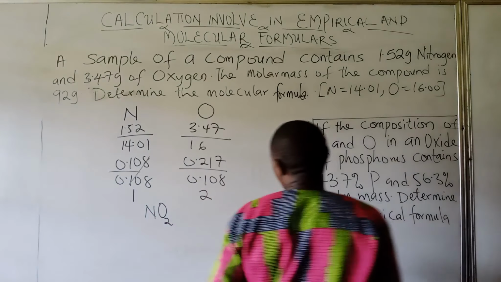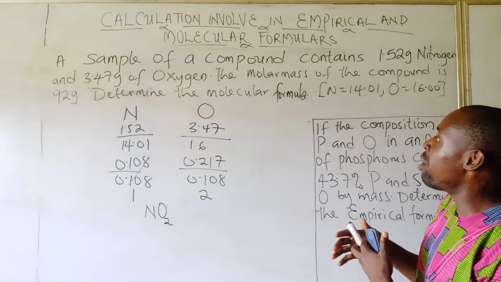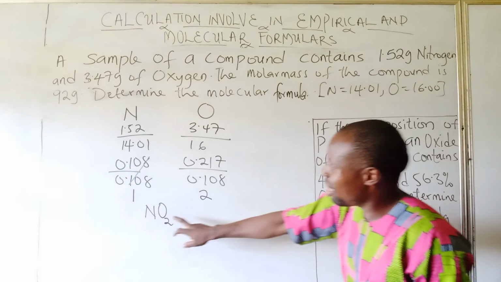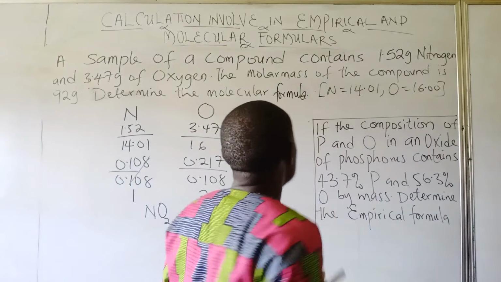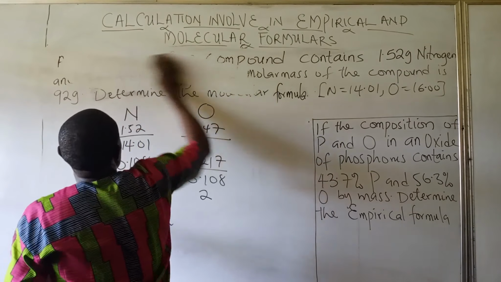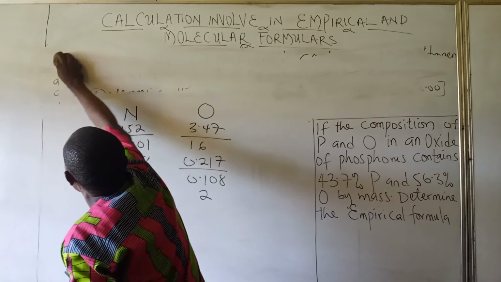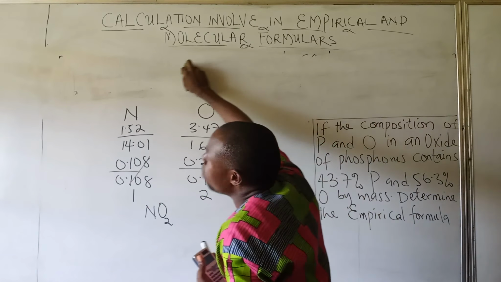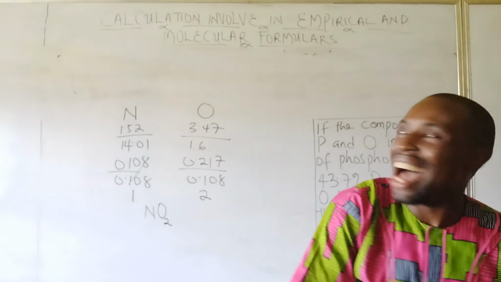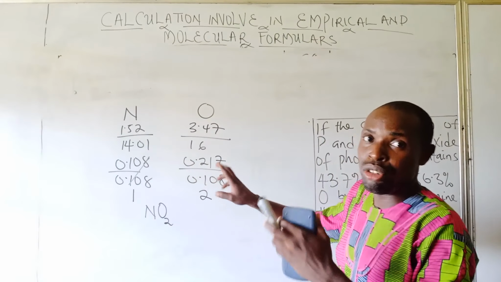Now that we have the empirical formula, we are already aware that it is NO2. So let's move straight away to solving the molecular formula. There is a connectivity between the molecular formula and the empirical formula, which is the ratio.